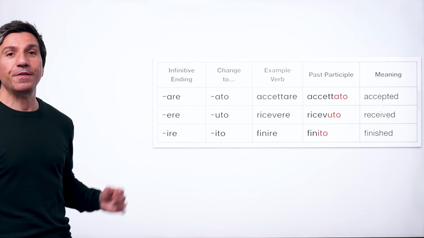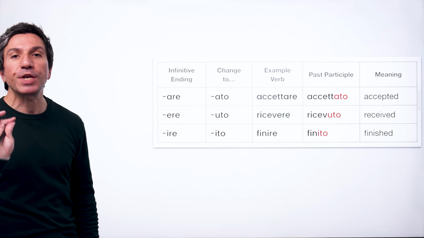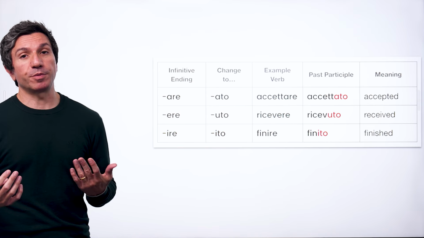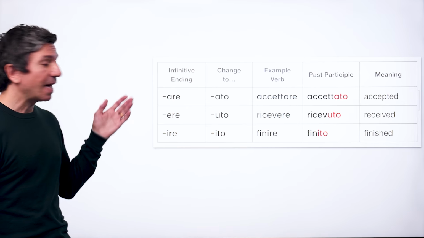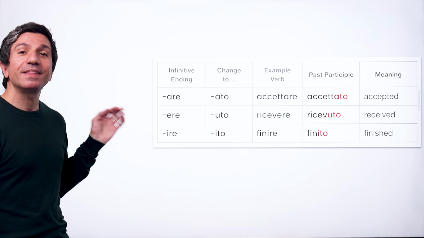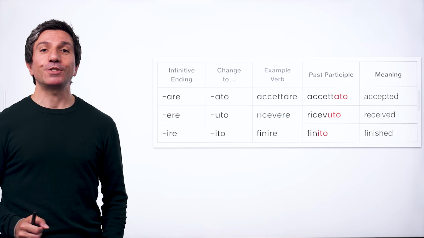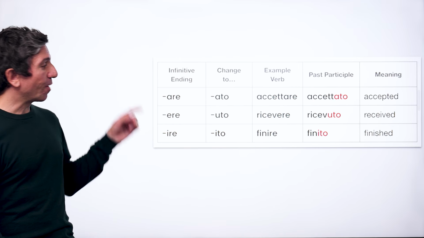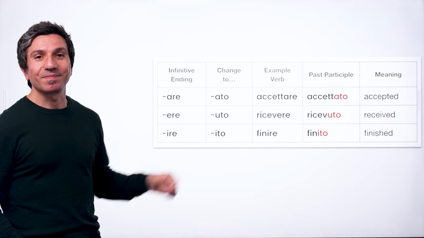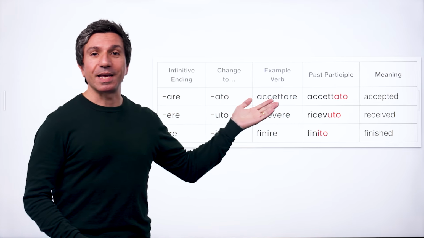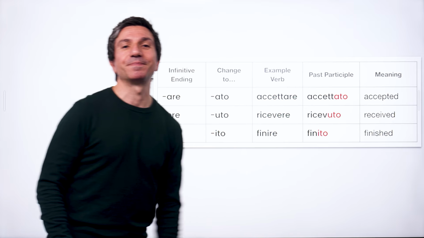And here's something that helps you recognize the past participle of regular verbs. Italian verbs have different endings in their infinitive forms, like are, ere, and ire. To form the past participle, we just change those endings. For are verbs, we change it into ato, like accettare becomes accettato, accepted.